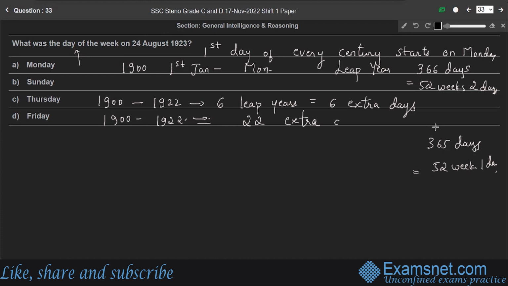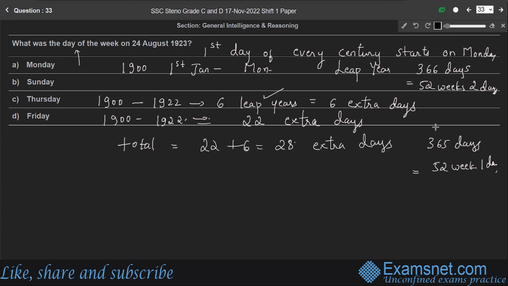Altogether, 22 plus 6 extra days. Are there 6 leap years from 1900 to 1922? Yes: 1900, 1904, 1908, 1912, 1916 and 1920. So 22 plus 6, totally 28 extra days we have to consider.